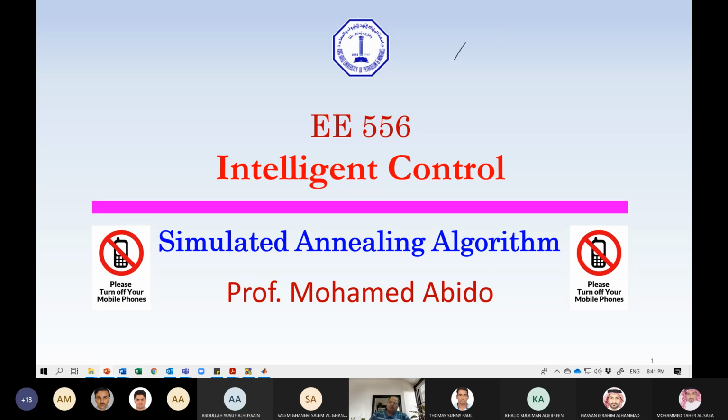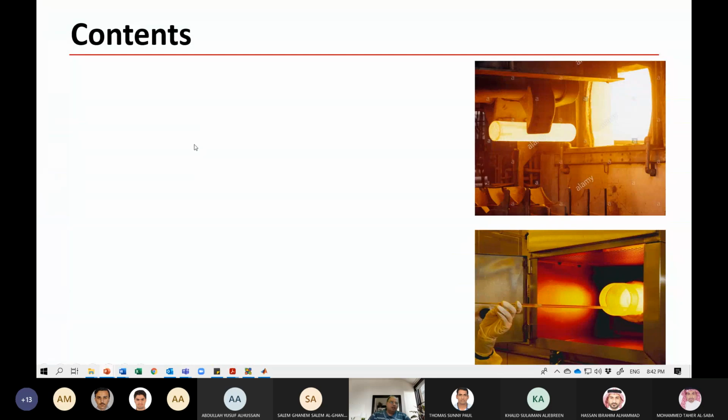Annealing is a mechanical process or thermal process, and we simulate this physical process of annealing in order to solve the optimization problem. We will discuss the analogy between the annealing process and also the optimization technique here.